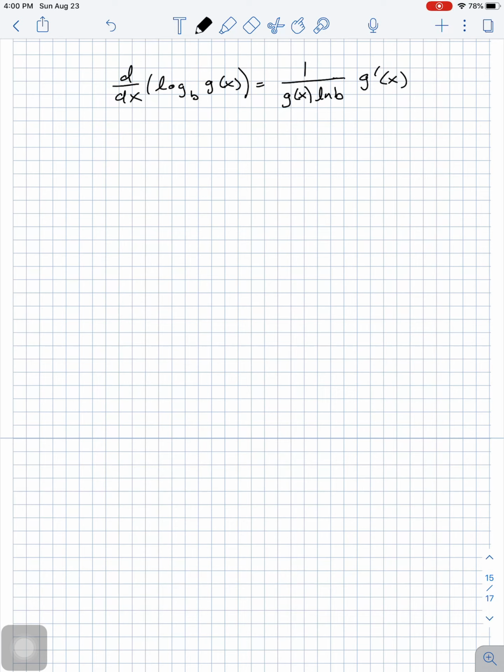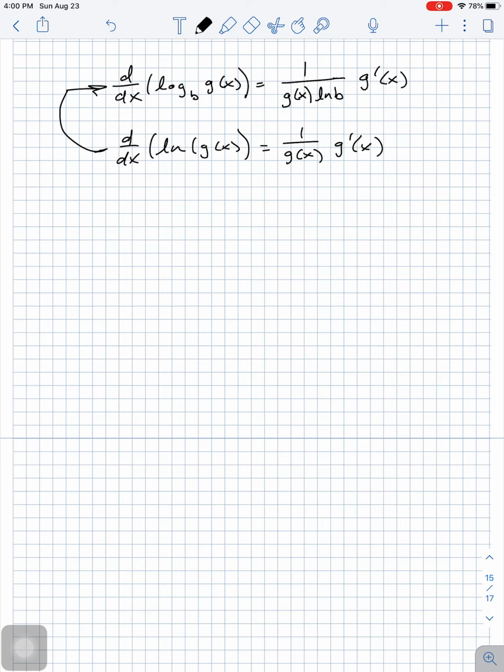Now, why is this different? It's actually not different from your log formula. Your natural log formula was the derivative of natural log of g of x equals 1 over g of x times g prime of x.